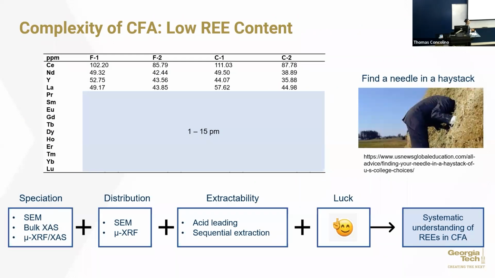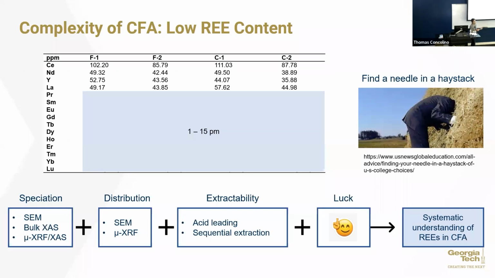We're looking at a couple hundred ppm of REE. And remember, this is a whole group. And the highest concentration ones that we're looking at are cerium, neodymium, lanthanum. So what I thought would be very useful is to look at the speciation, like the methods I mentioned to you before, the physical distribution, and then try to compare that with their extractability using acid leaching, and also sequential extraction methods.